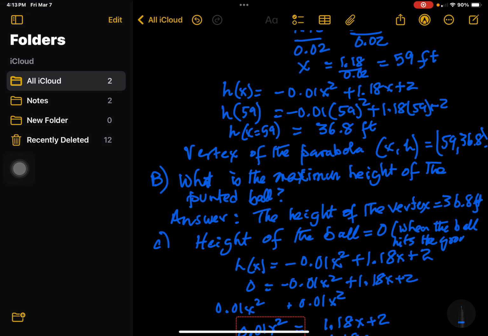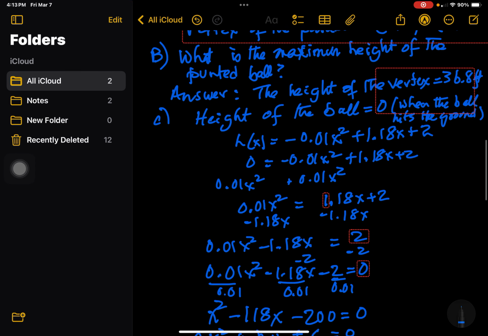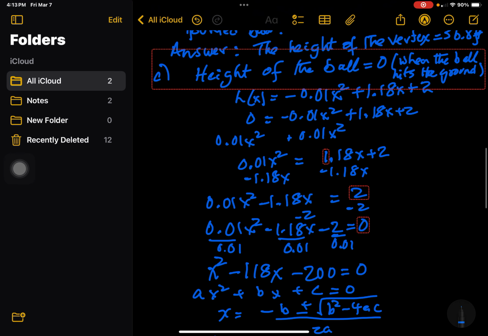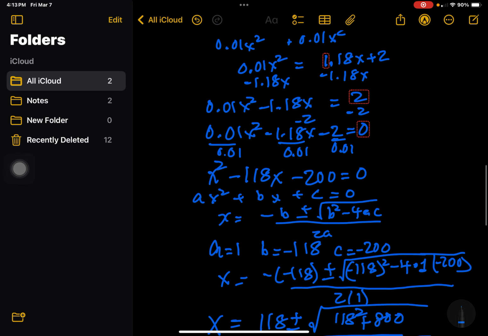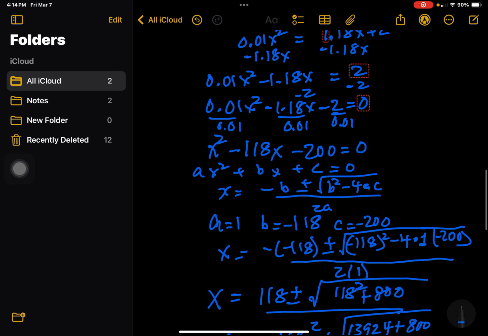That being the case, we substitute h equal to 0 and solve for x. That's a quadratic equation in x, which is x square minus 118x minus 200 equal to 0. And then we use the quadratic formula: x is minus b plus minus square root of b square minus 4ac divided by 2a.